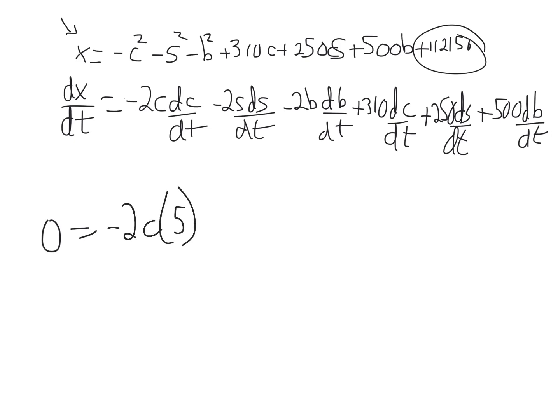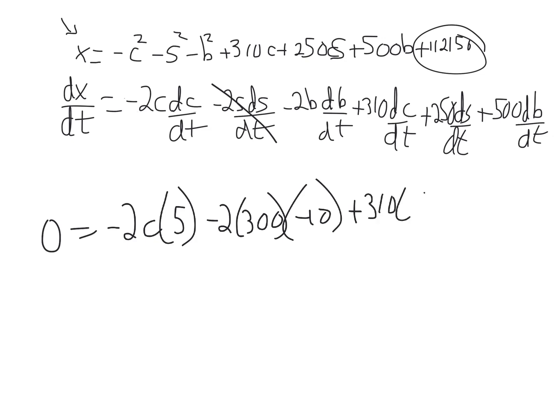The dc/dt is 5. The ds is just constant, so we're just going to take that out. And then the butter is 2 times 300 times -10 per year, because we know the db/dt. And then we're just going to carry on with 310 times 5 plus, we don't need ds/dt, that's 0.